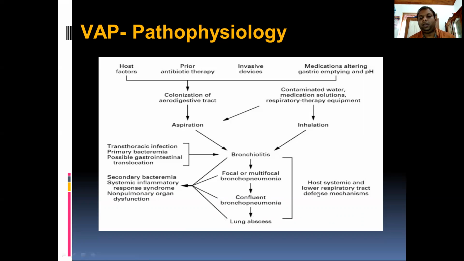It depends on host factors and lower respiratory tract defense mechanisms. Anyway, the patient is in a compromised state because the patient is dependent. So the patient's mucociliary clearance is not working because the patient has the ET tube. Also, the patient's respiratory muscles are not working properly, and the patient is in a supine posture.